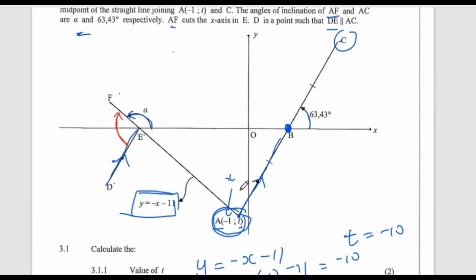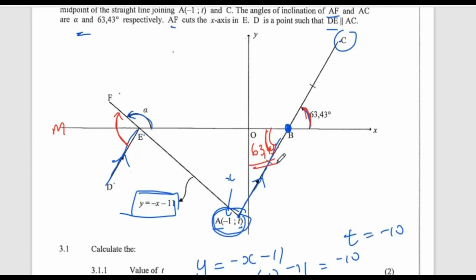All right, so what I can do, it's a two-way thing. If I call this maybe M, I know that this angle is 63.43, so this angle here is going to be 63.43.